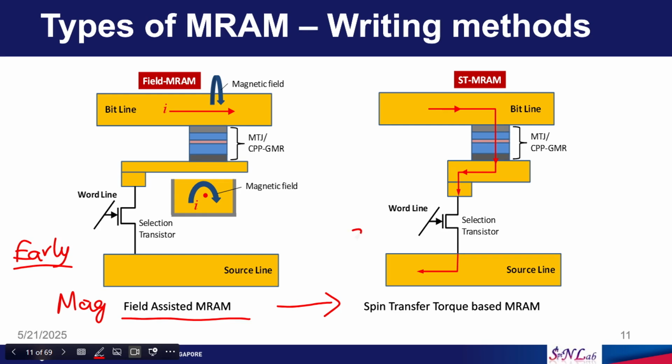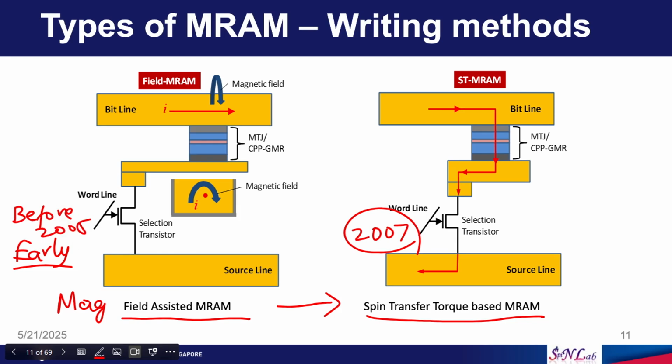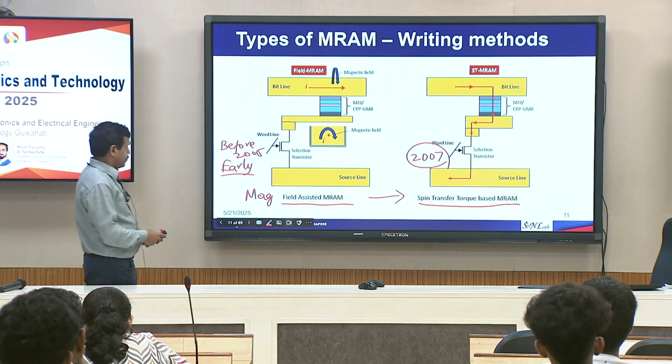So, people started studying writing information based on spin transfer torque somewhere around 2007 and later. Okay, so, this is even before 2000. You can say before 2005 or something like this. So, we will learn about some of the old technologies, then we will move to new and newer technologies.